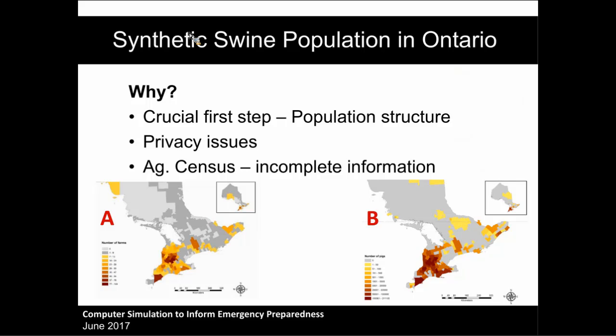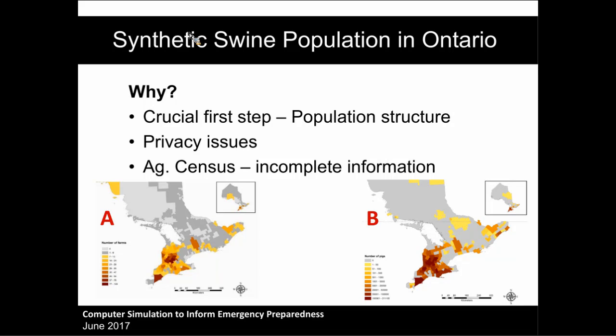So let's start with the disease population model, how we came up with the synthetic swine population in Ontario. Why is it needed? Because it's a crucial first step to get the right population structure that we could introduce into the model, so the outcome doesn't go very far from reality.